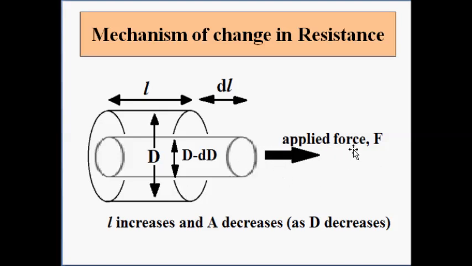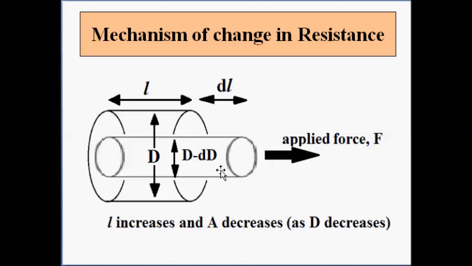Because of expansion, there is an increase in the length of the material by a factor del L. But because of expansion, the diameter of the cylinder decreases by a factor del D. As a result, the cross-sectional area also gets reduced.